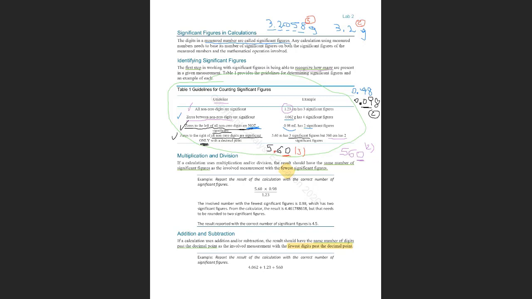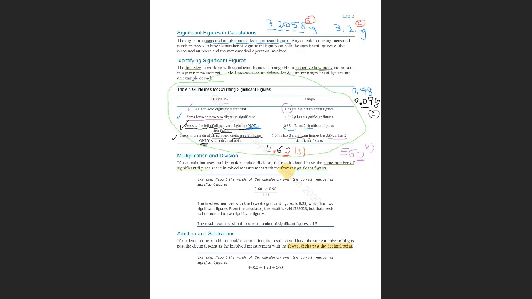So the first thing you have to learn is how many sig figs are in each measurement, in each number. Once you know that, you can jump into doing calculations. It's very different how you are going to decide how many sig figs you are going to use.